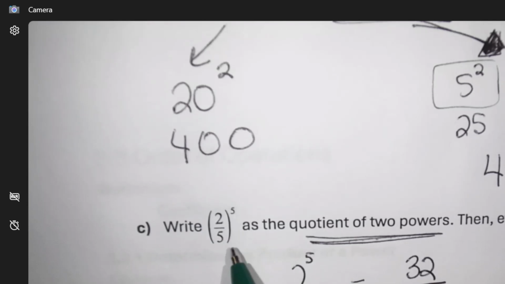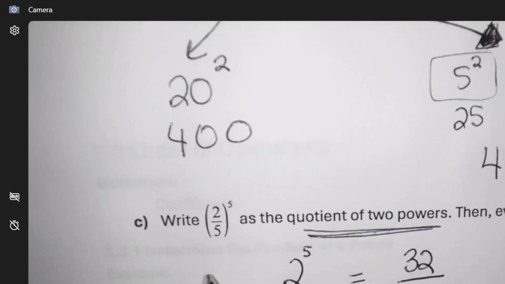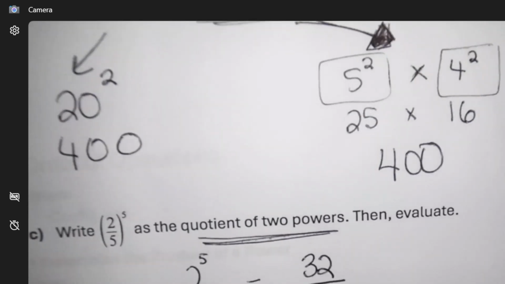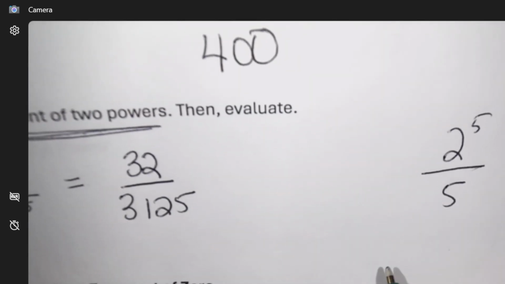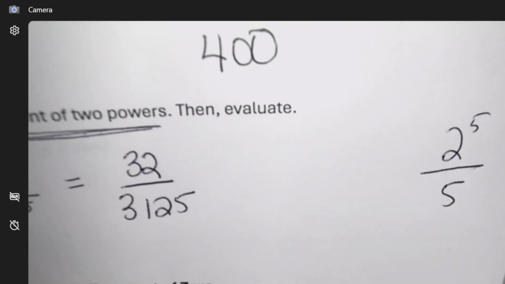Do you see, because this is a bracket, this exponent applies to the 2 and to the 5. If I wrote this, it only applies to the 2. So this would be just that. Do you see a difference?